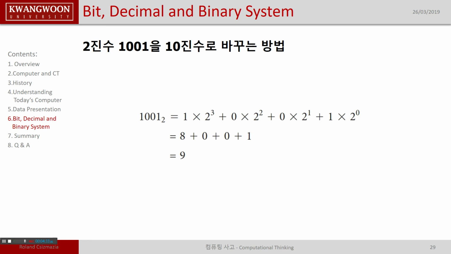So here, binary to decimal: again, that is binary code, so we start from the beginning, which is 1, which means 1 times 2 to the power of 0, so it's 1, and then plus 2 to the power of 1, so it's 0, and then plus 2 to the power of 2, it's again 0, and 2 to the power of 3 is 8. So we got 9 together.